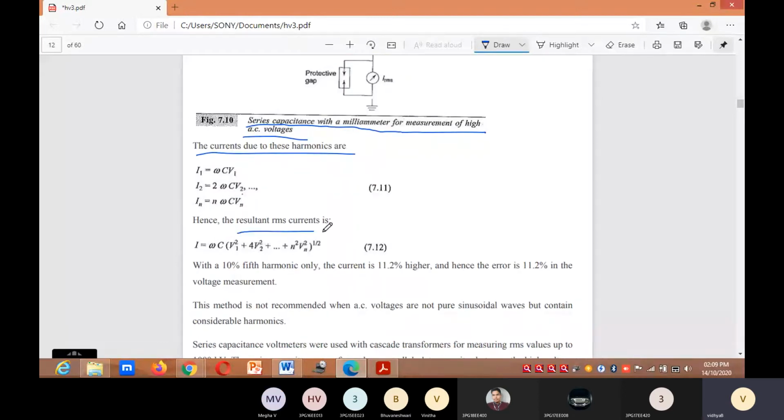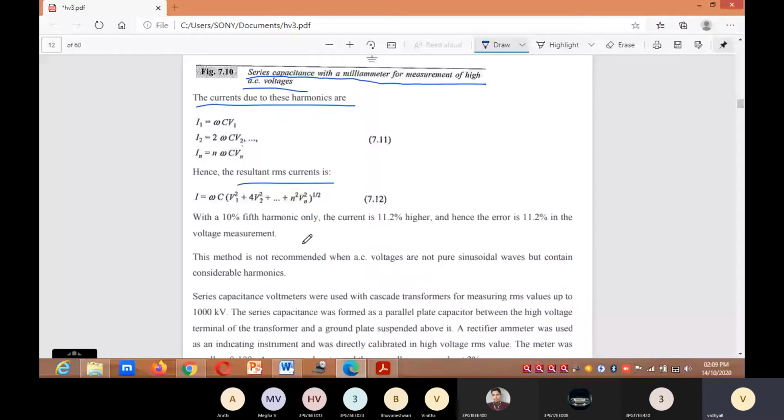Hence, the resultant RMS current I is equal to omega C, taking out common omega C, open bracket V1 square plus 4 V2 square plus up to n square Vn square close bracket to the power of 1 by 2, or you can write the square root of this.